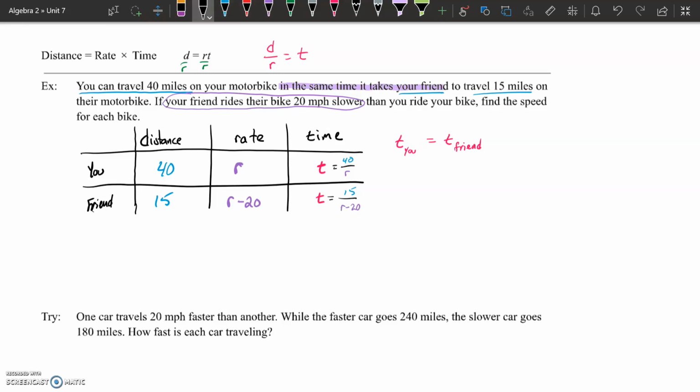And as we mentioned earlier, your time and their time are the same. So I can set those two ratios equal.